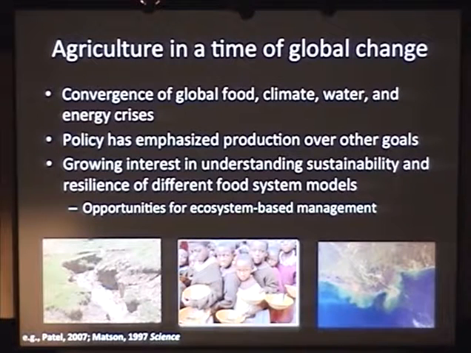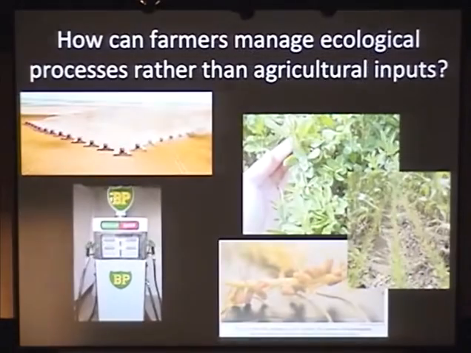And these impacts have resulted from really myopic policies that have focused very narrowly on yield or production over other goals. So in this context, there's really rapidly growing public interest in understanding a really wide range of food system models and how they might enhance resilience or sustainability, particularly through the lens of ecosystem-based management.